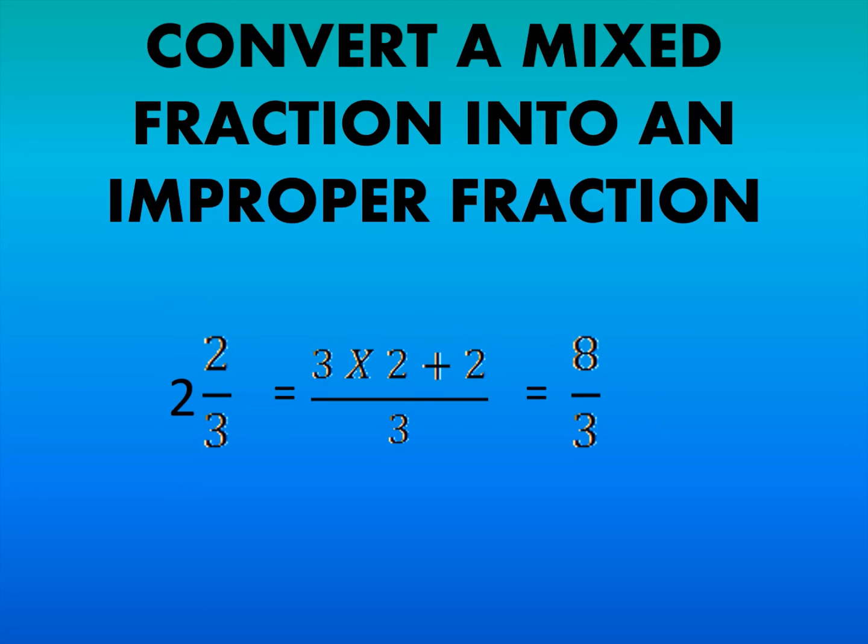The denominator is 3. 3 multiplied by the integer, the integer is 2, 3 twos are 6, plus the numerator. The numerator is 2. 6 plus 2 is equal to 8. The denominator will remain the same, it should be copied. The denominator, that is 3, will be copied. So here the improper fraction will be 8 upon 3.